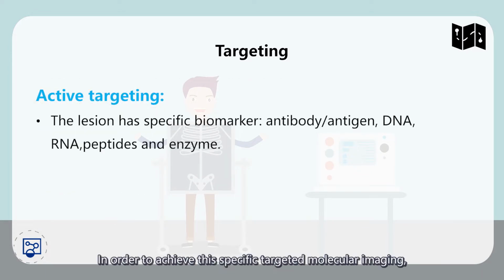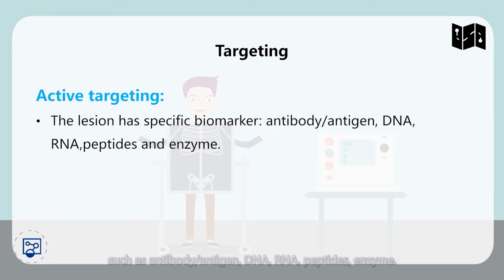In order to achieve this specific targeted molecular imaging, the lesion must have a specific biomarker, such as antibody, antigen, DNA, RNA, peptides, or enzyme. For example, liver cancer has high expression of AFP, and breast cancer has high HER2.